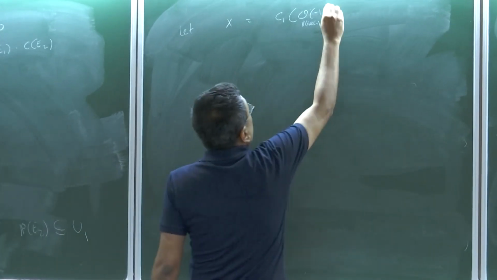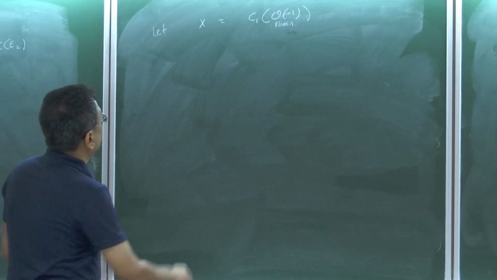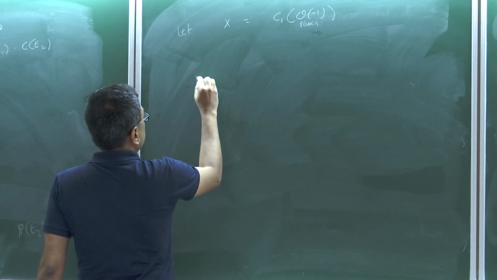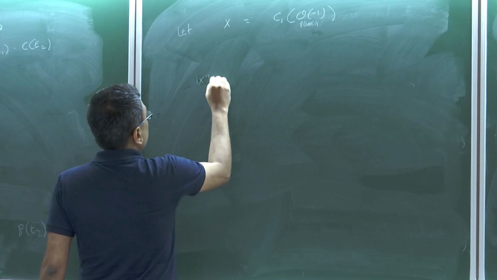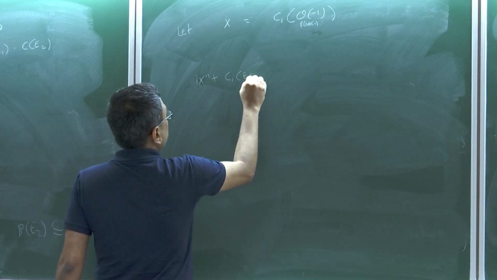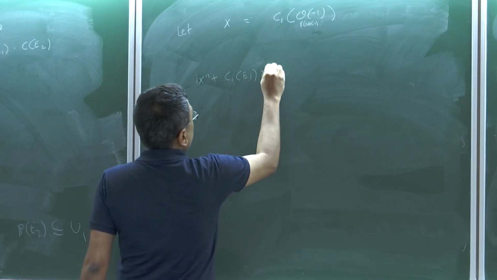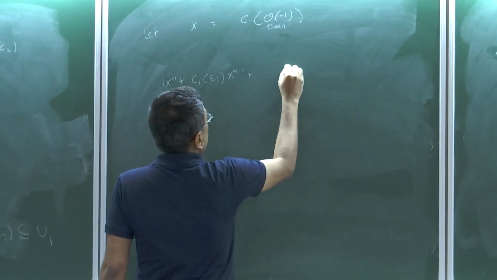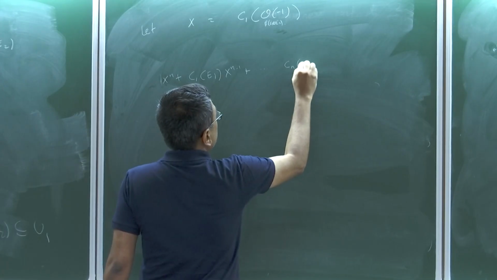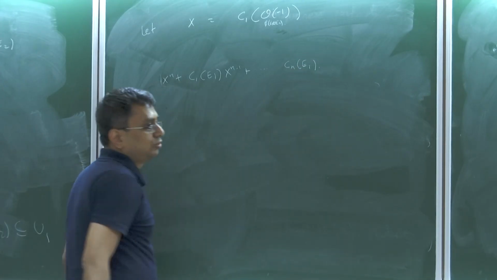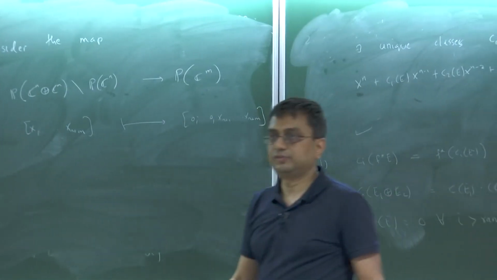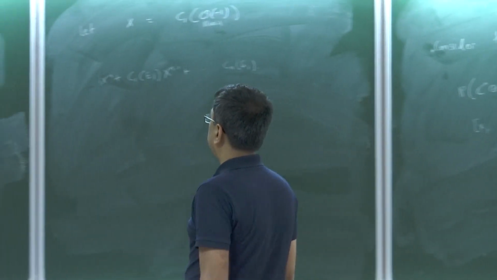Now let us look at this expression, x to the power n plus c1 of E1 x to the power n minus 1 plus all the way up to Cn of E1. So I am looking at the expression which is similar to the one used for defining Chern classes of E1.